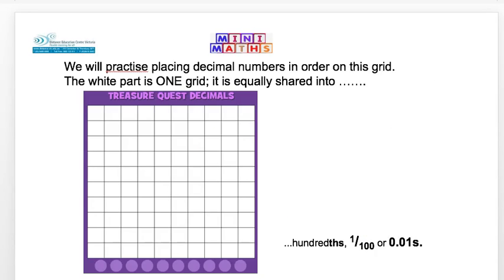We then spent a bit of time playing a game. The game is called Treasure Quest Decimals. If you look at our grid here, it's broken up into 100 equal parts. That makes it a grid that we count in the hundredths.